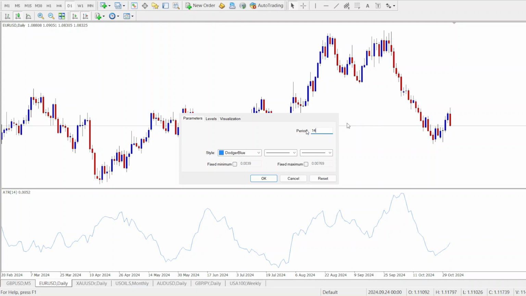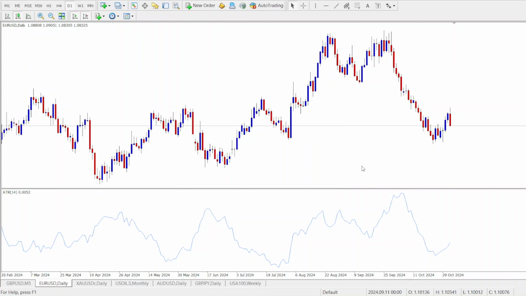The default setting is the 14 period. So if you are on the daily time frame, it's the volatility measurement over 14 days. Simply put, it shows us how much an asset moves on average, giving you a great sense of price stability. If the ATR is high, that typically means there's increased volatility. If it's low, the market is calmer.